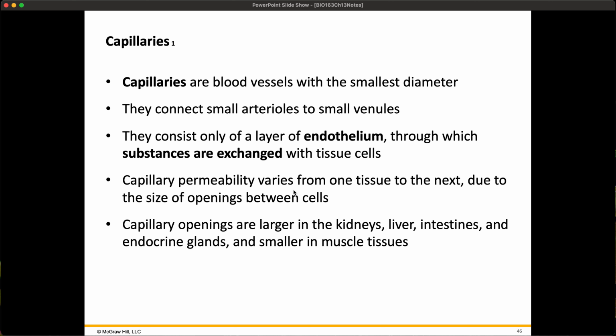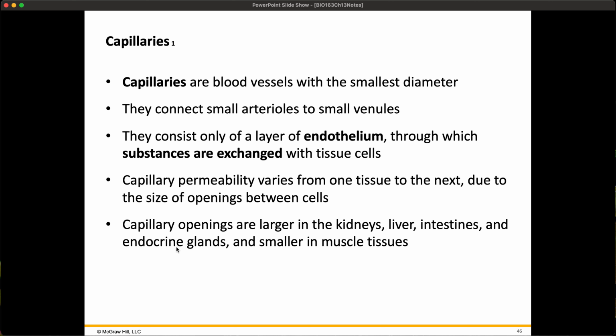In places like the kidneys, the liver, intestines, and endocrine glands, the openings tend to be larger because these are places of filtration. Your kidneys, your liver, your intestines are constantly filtering your blood, making things, sending it back out, absorbing nutrients, so they tend to have slightly larger openings in their capillary bed.